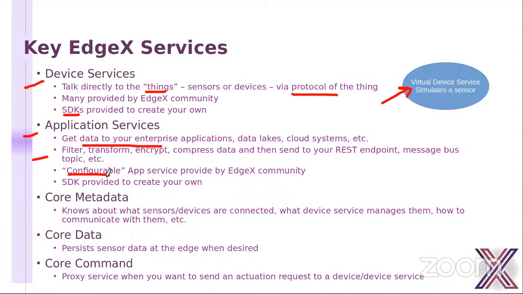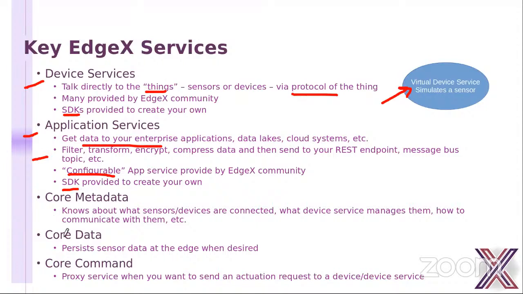By the way, we provide a configurable app service out of the box, one that provides most of the capability of all application service needs that we see, allowing you really to do more configuring versus coding if you have relatively straightforward needs in this application service area. Again, an SDK there to help create new ones where you have a need, I should say, that's outlying of what EdgeX provides out of the box.